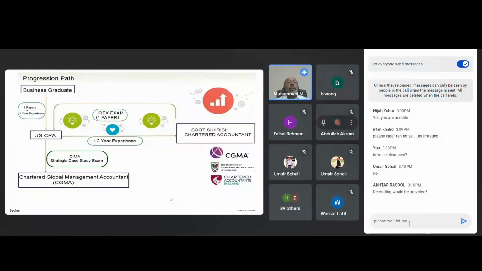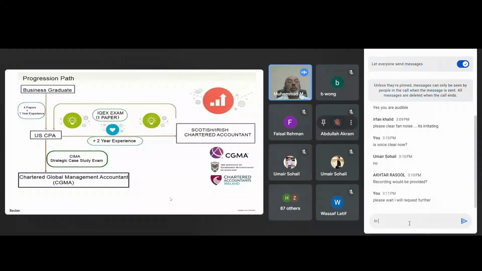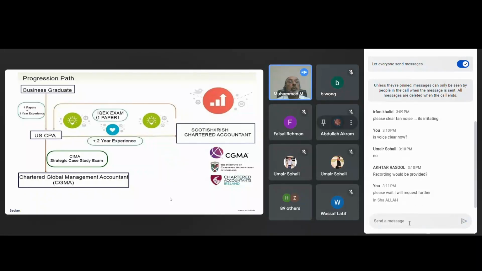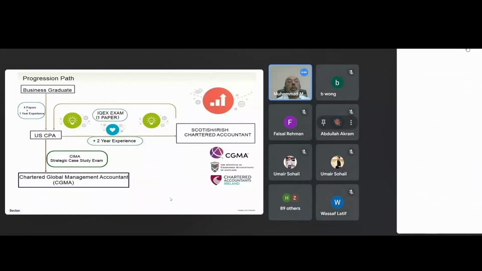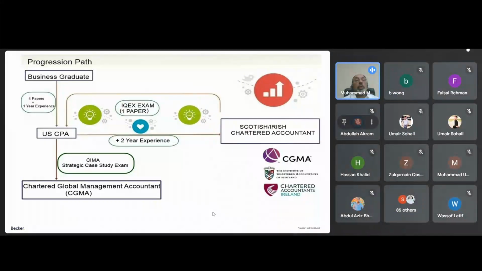So basically, the qualification progression path is: a professional from Pakistan, ICAP or ICMAP, or any business graduate with a 4-year graduation can take 4 papers and, with 1 year of experience, become a US CPA.